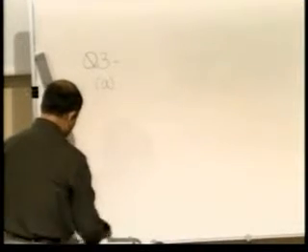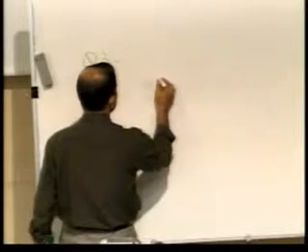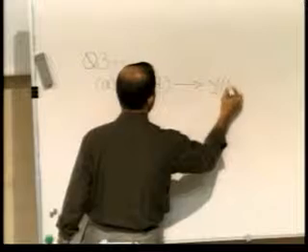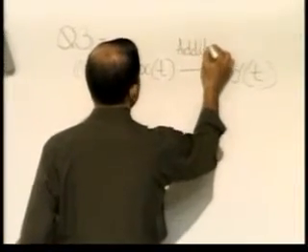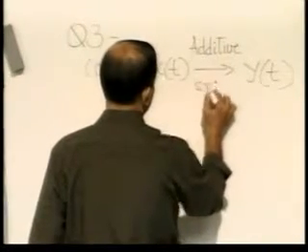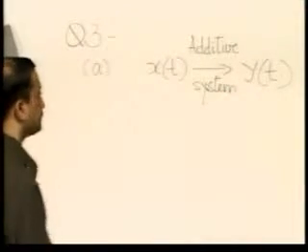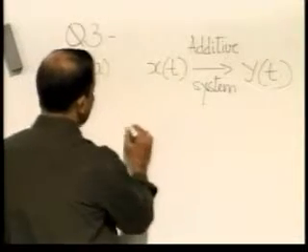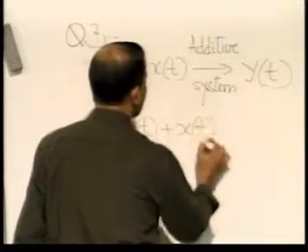So, let us reason out. You see, x(t) results in y(t). The system is only additive system. Yeah, the additive property is obeyed. We do not know about homogeneity. Now, if the system is additive, we can certainly write down x(t) plus x(t) results in y(t) plus y(t).